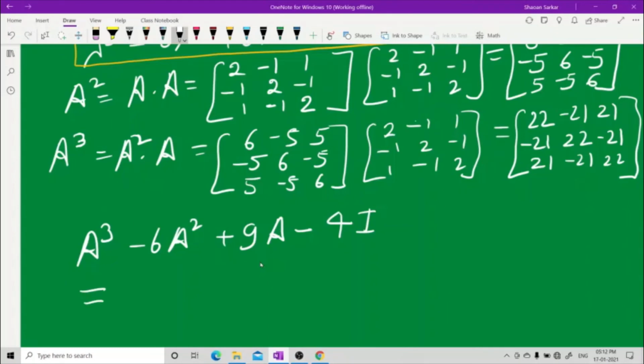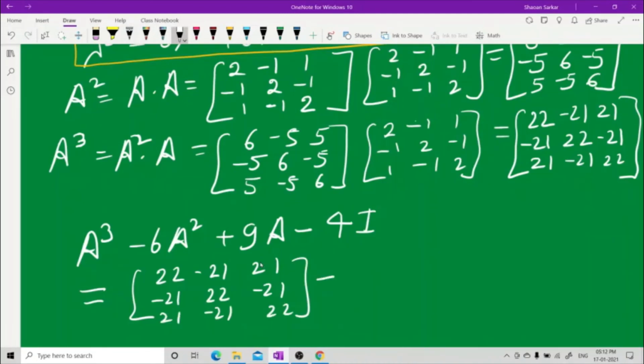Now you see, A cube is how much? A cube is 22, minus 21, 21, minus 21, 22, minus 21. Then you have 21, minus 21 and 22. Then you have 6A square. 6A square means you need to put minus 6 here and A square. What is A square?